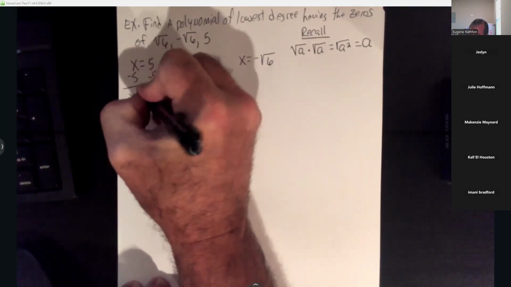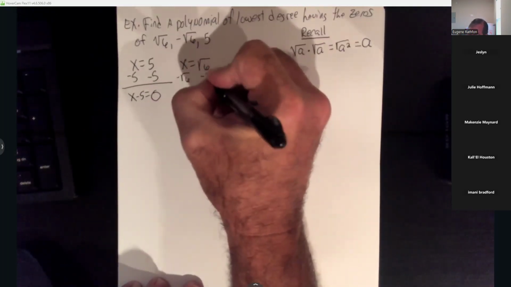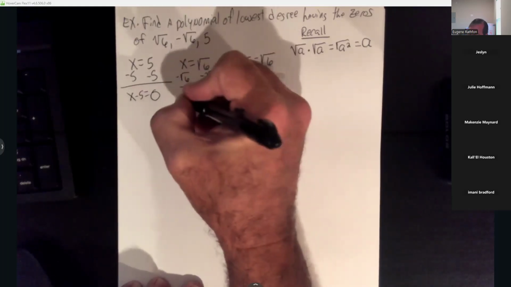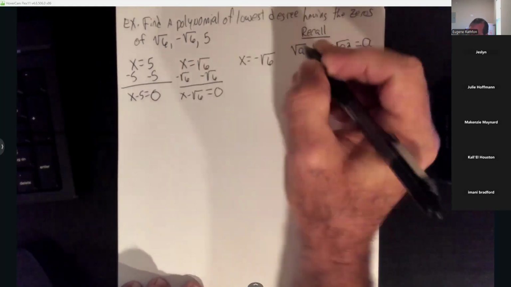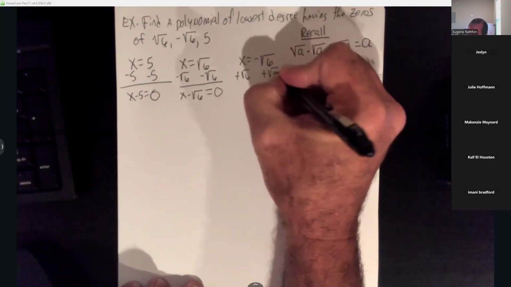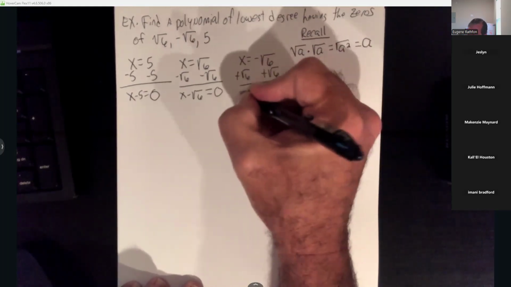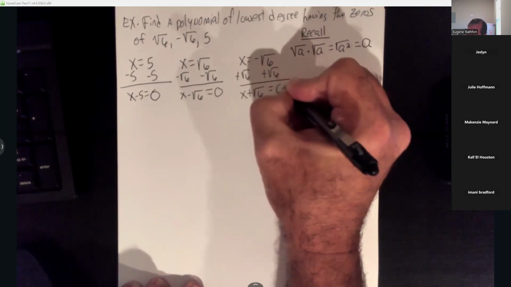X minus 5 equals 0. This one I'm subtracting the square root of 6. So x minus the square root of 6 equals 0. And then here I'm going to add that square root of 6. And we'll get x plus a square root of 6 equals 0.